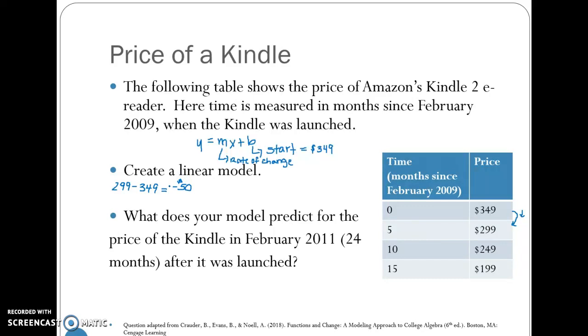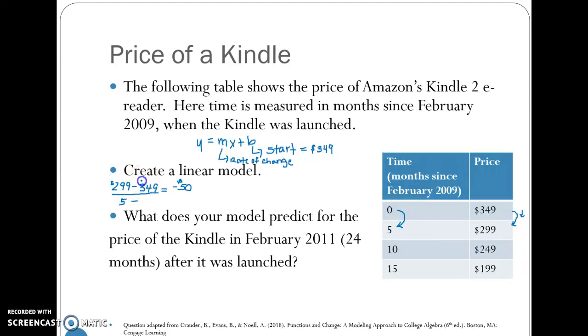But it didn't instantaneously go down $50. This happened over a time frame. So I also have to know, well, how much did the time change? So when I'm looking at that, the order really does matter. So the $299 that I used first up here on the top of my fraction went with the 5 months since the launch.